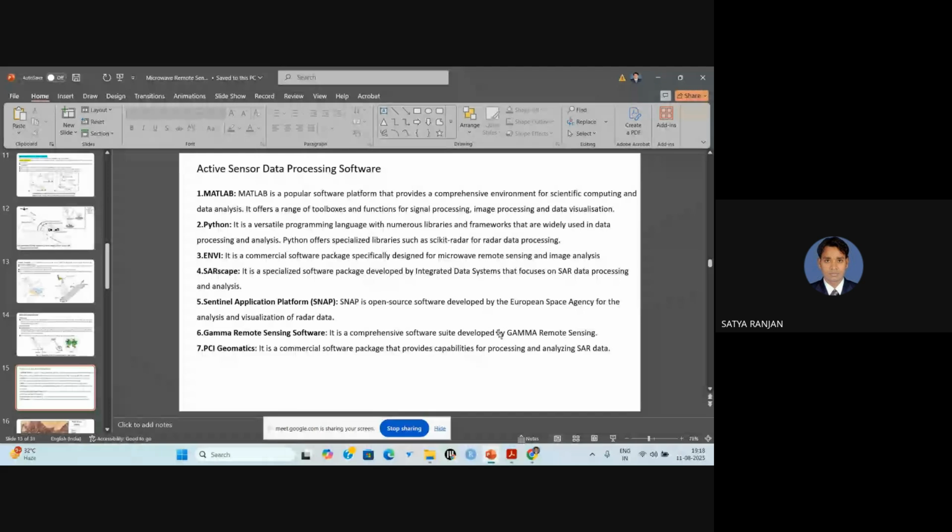Then for a microwave remote sensing satellite image, that is 5 to 10 times more, that is 25 GB or 50 GB. So most of the time the data are 500 GB or 1 TB. So it is very voluminous in nature, and a lot of software is used, like MATLAB, which is popular. Python also has some programming libraries.